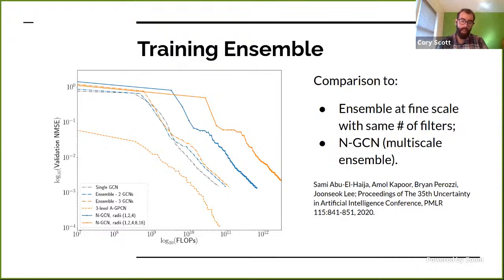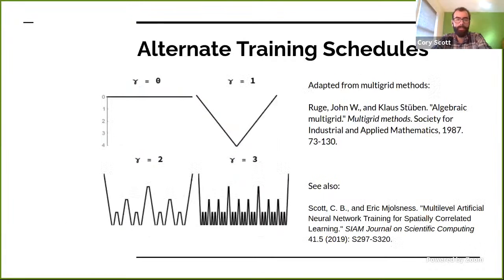This is on a log-log axis, and the adaptive version of our model with 3 layers in it trains much more quickly and efficiently than any of the other ensemble methods we considered, and it ends up doing better in terms of error by basically a whole order of magnitude. So for me, this just shows the inherent power of multiscale oriented methods in machine learning.